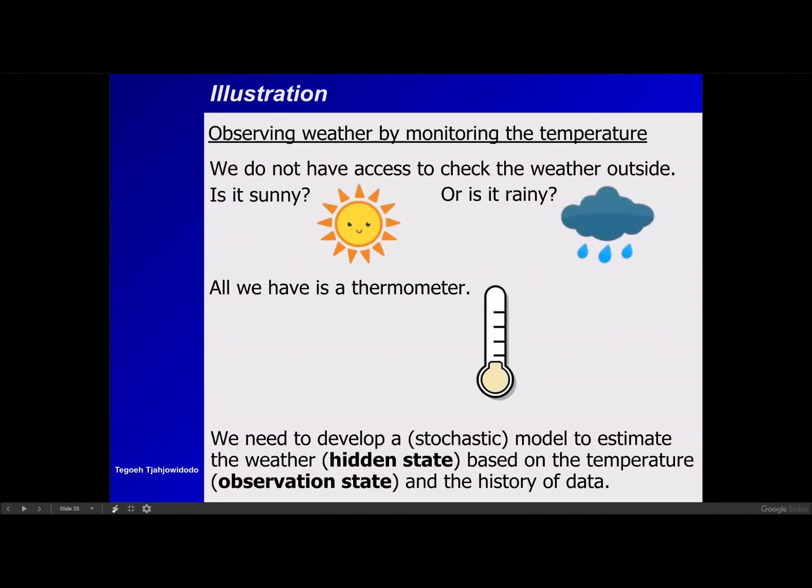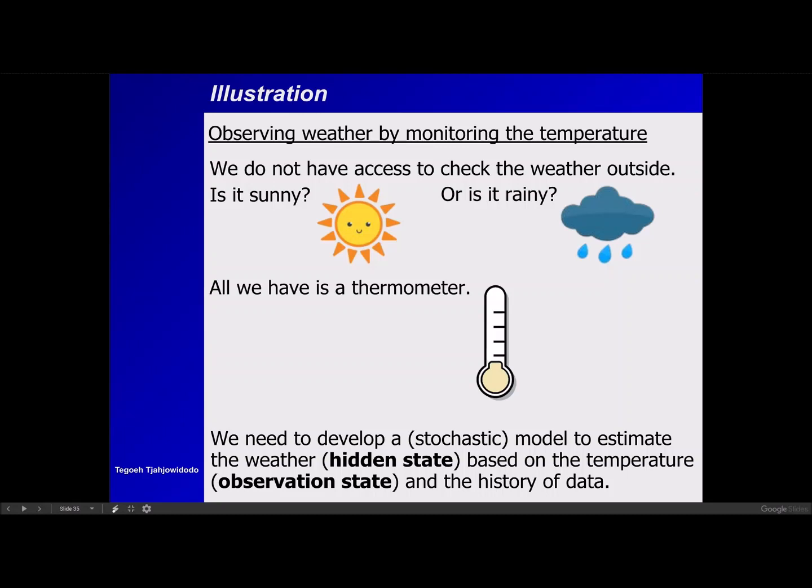Let's take this example, for instance. Imagine you are in a closed room. There is no window, there is no door in that room, so you cannot see outside. We don't have access to check what the weather outside is. Is it sunny or is it rainy? You cannot see outside.